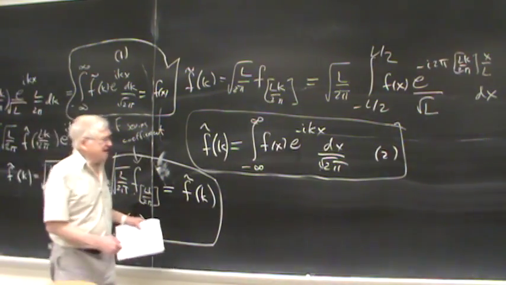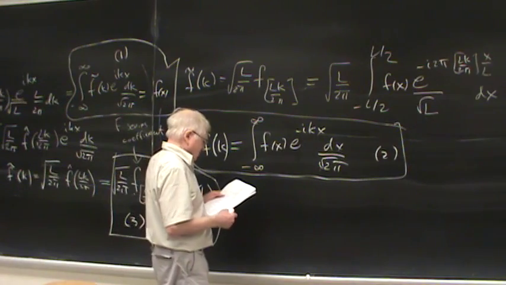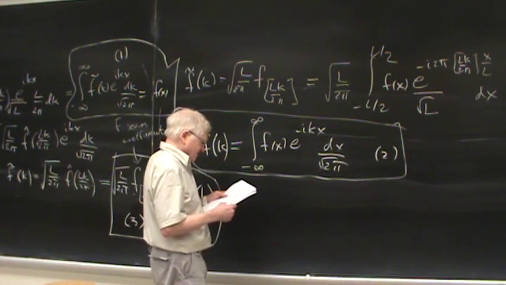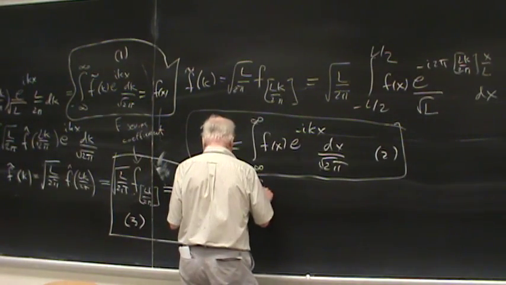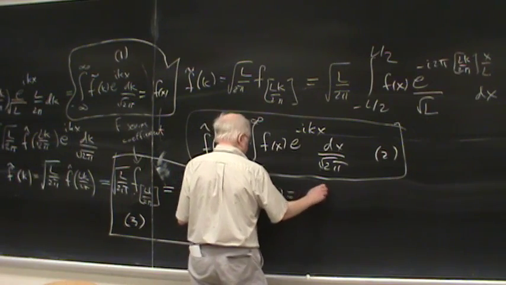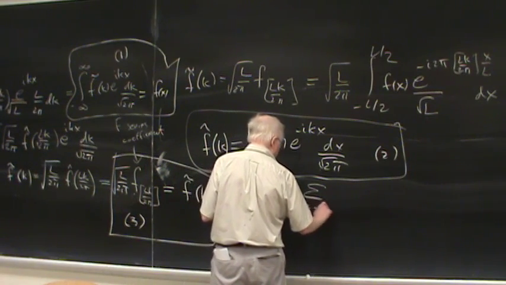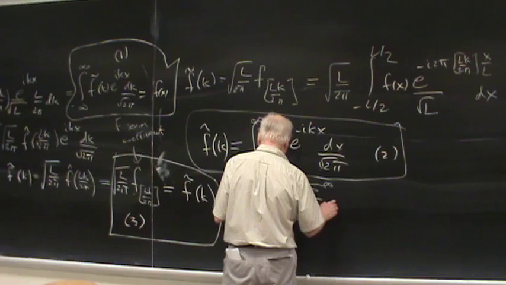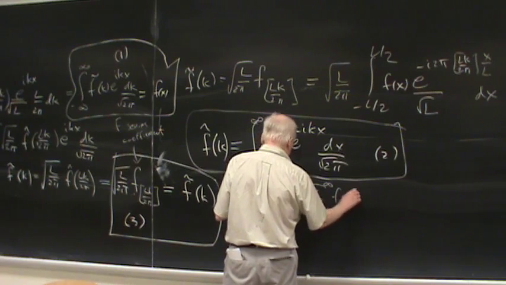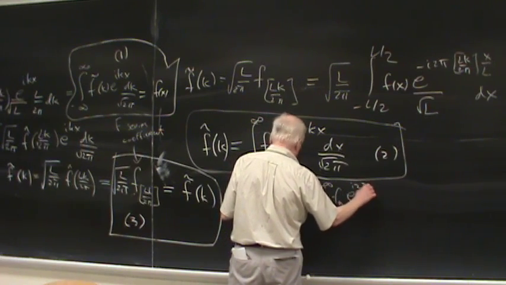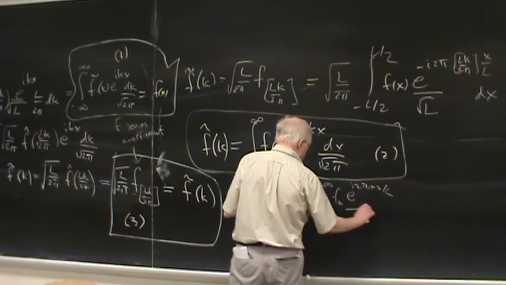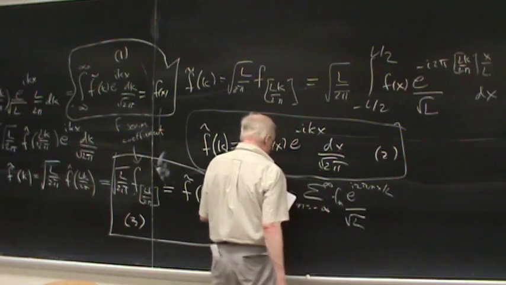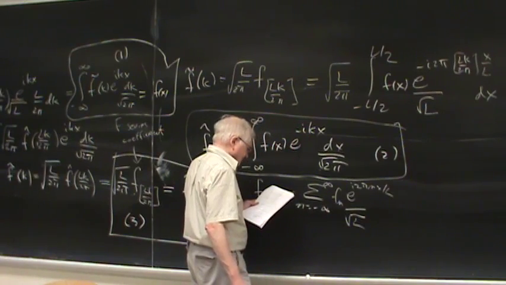So once again, let me just mention this business of going from Fourier series to Fourier transforms and back again. If we have the Fourier series, we have f of x is the sum of f sub n e to the i 2 pi n x over square root of L. Okay, that's the Fourier series.